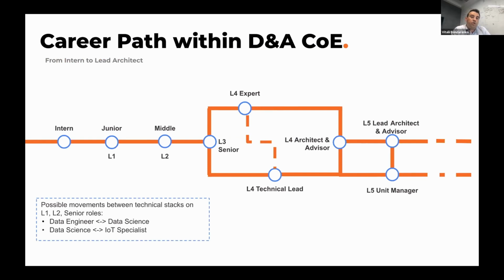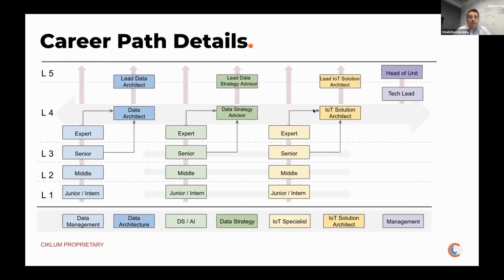And from junior to expert level, we have a career path, and every half a year we have a performance review with our specialists and define the gaps between the levels and how they can be grown from, for example, junior to senior. And as you see, there are two streams after senior, which is a managerial stream and a technical stream.